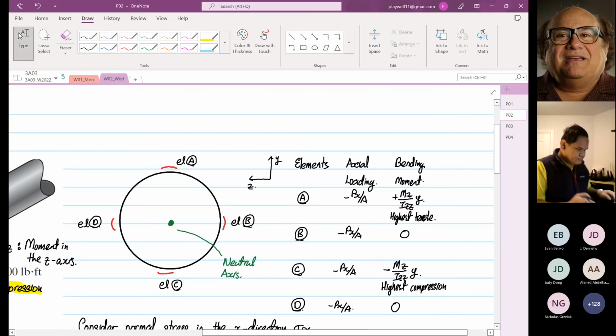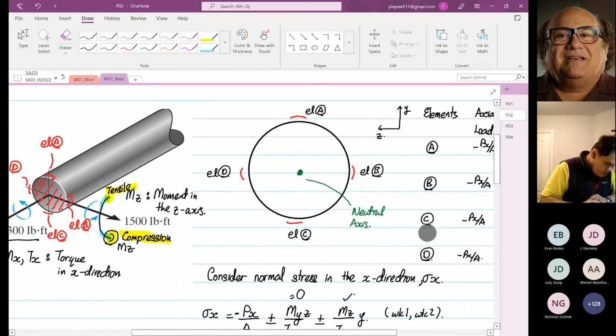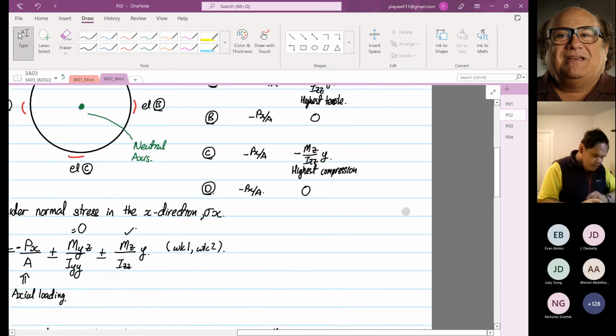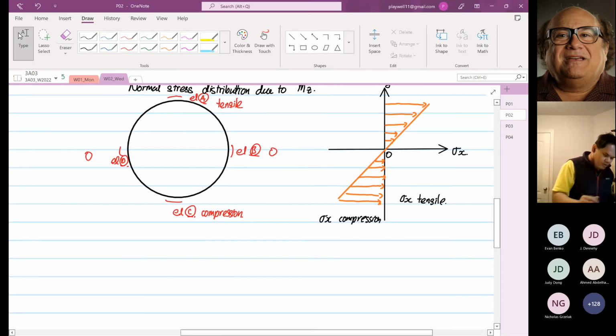So next, we are going to look at the torque in the x direction. Let's look at the formula for torque.